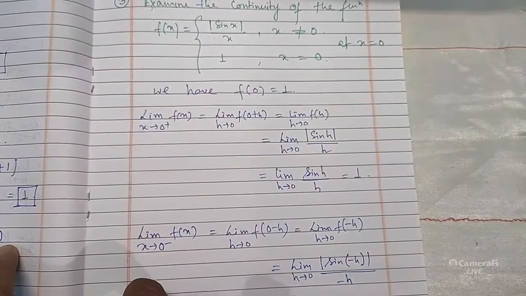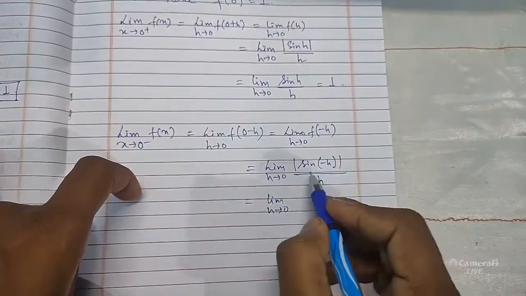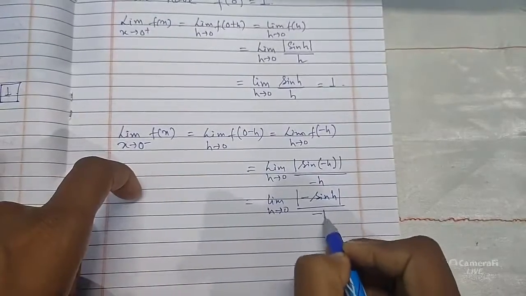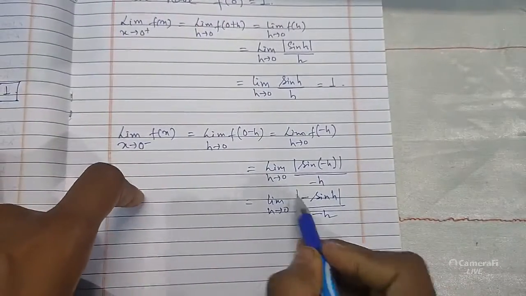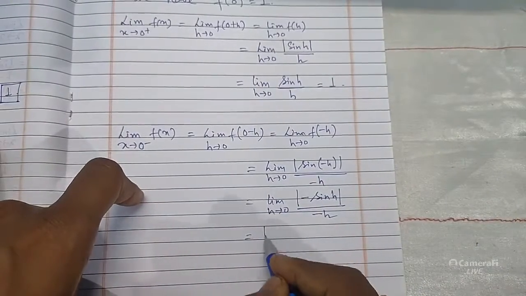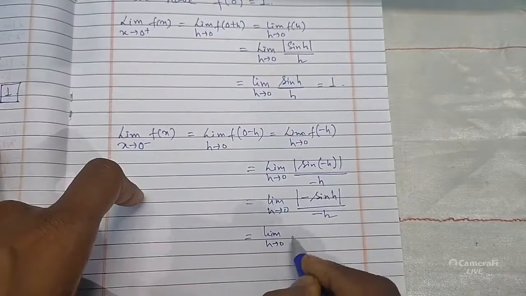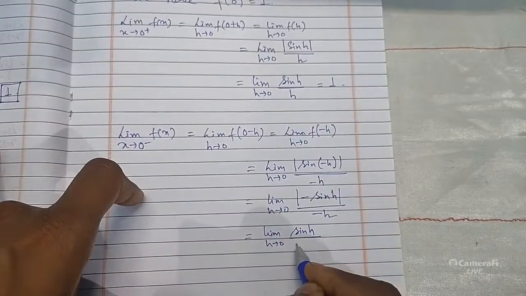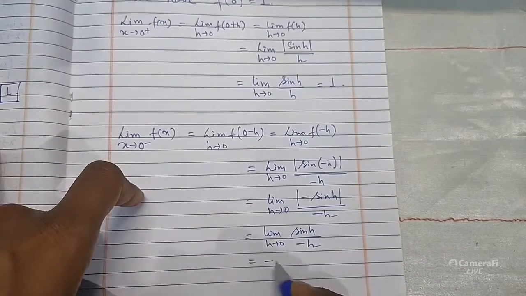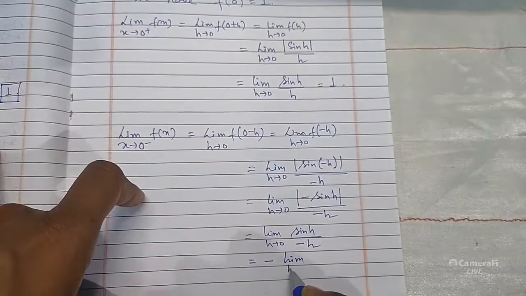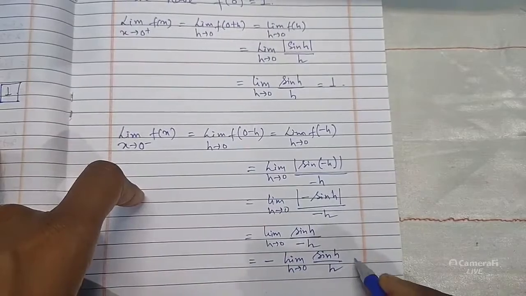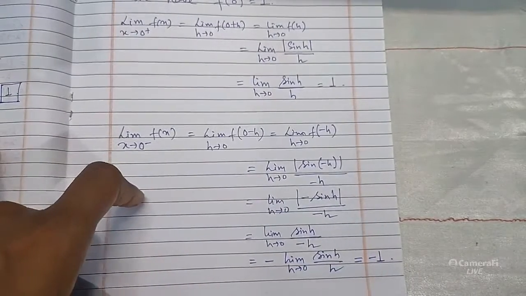So this is equal to limit h tends to 0 of mod of minus sin h by minus h, and mod of minus sin h means plus sin h. That is limit h tends to 0 of sin h by minus h. If I am bringing minus outside, it is coming this, and this value is equal to -1.